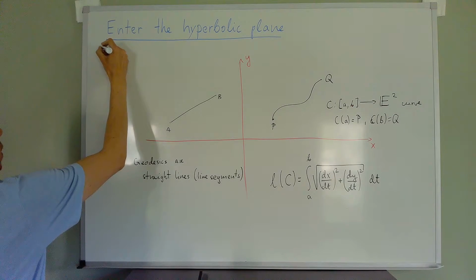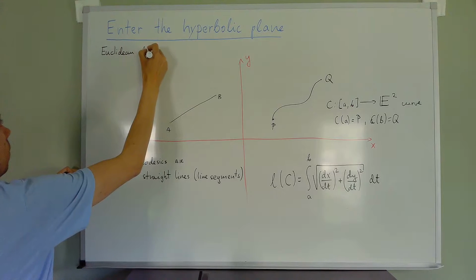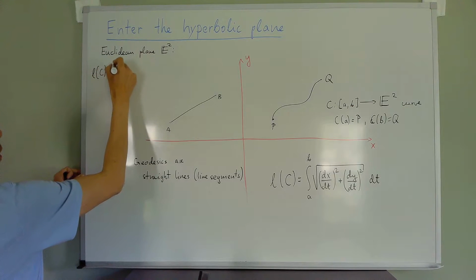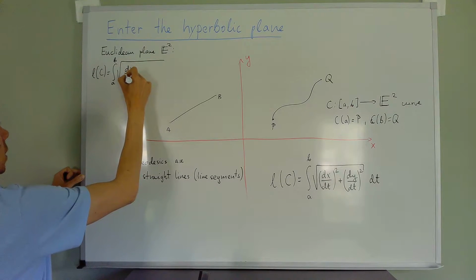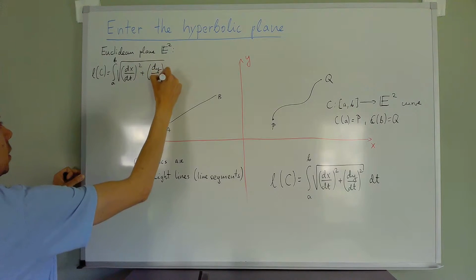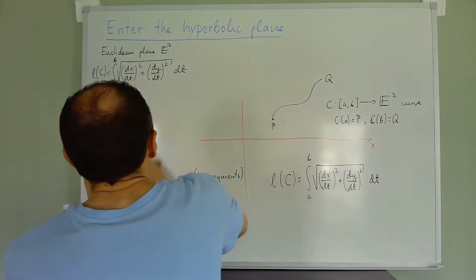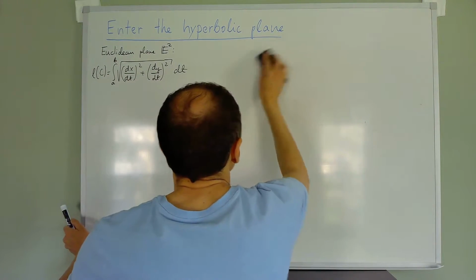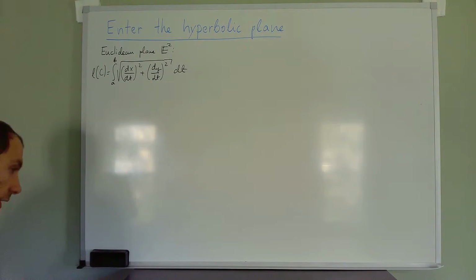So Euclidean plane E2, length of curve, is given by the integral from A to B, the square root of dx over dt squared plus dy over dt squared dt. So the next thing that we studied was a sphere.